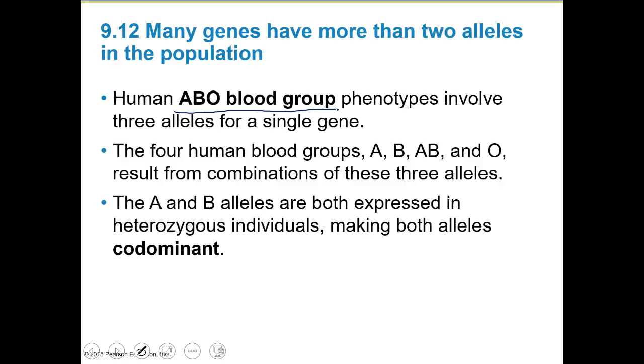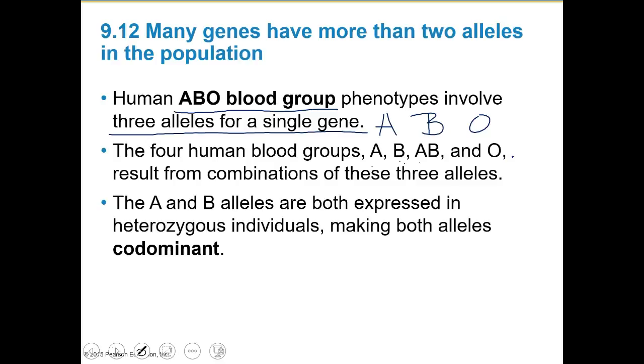Phenotypes actually involve three separate alleles for a single gene. We have A as one allele, we have B as another allele, and we have O as an allele. So the four human blood groups A, B, AB, and O result from combinations of these alleles.